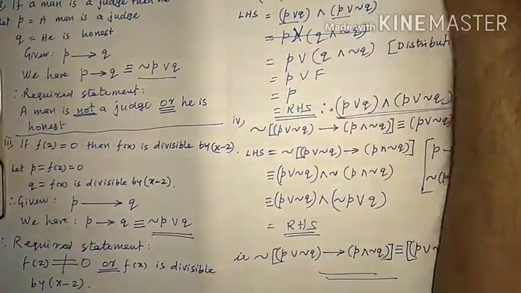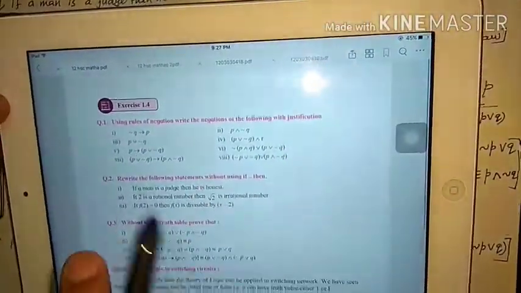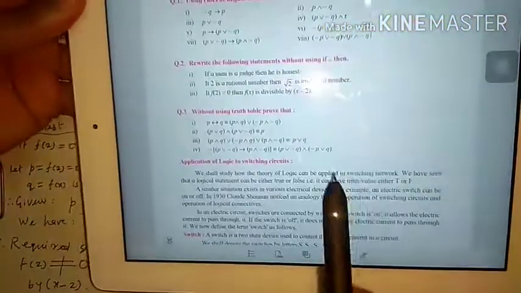Now this exercise 1.4 is getting over here.